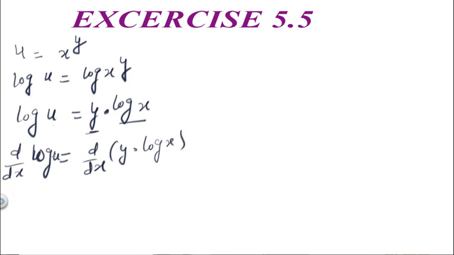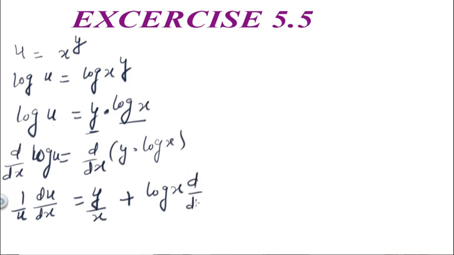So differentiation of log u will be 1 upon u. Right, now we have done for log, now you will do for u. You will get d by dx of u equals, here applying the product rule, first function as it is, differentiation of log x is 1 upon x, plus log x as it is, and differentiation of y will be dy by dx. Clear?